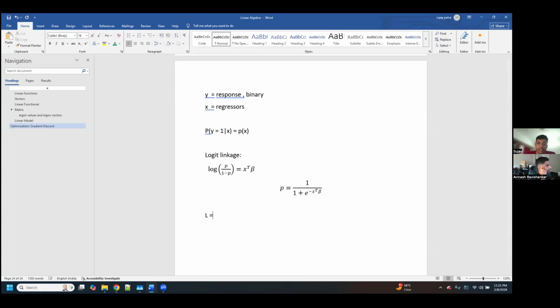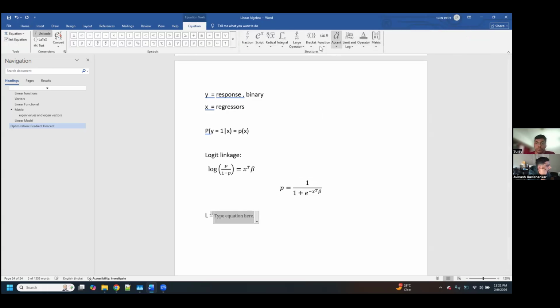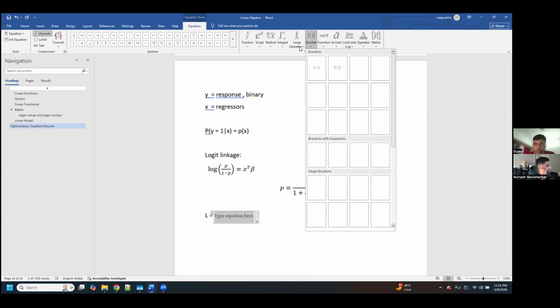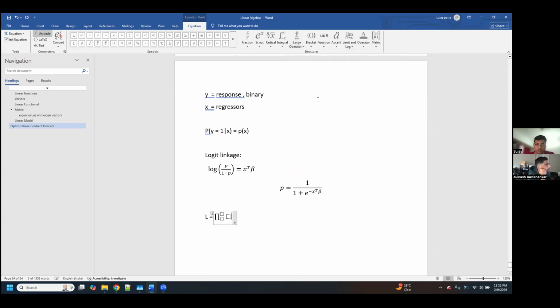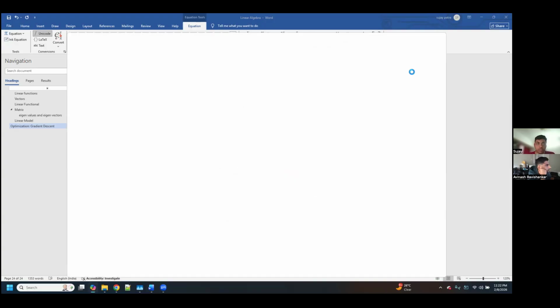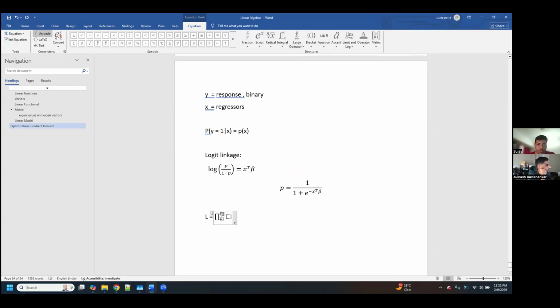So my likelihood will be a product. It will be the product of all the terms. So I have to vary from i equals 1 to n. And then if y is 1, then I have to take p.